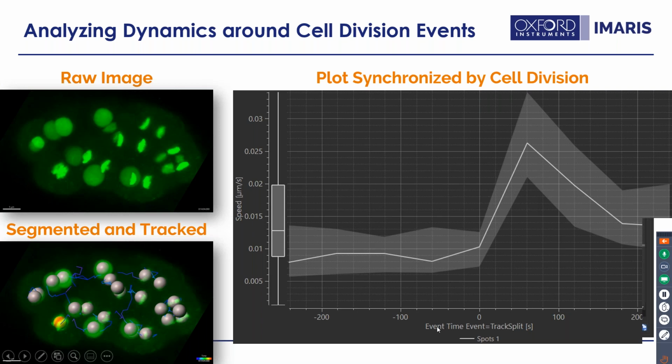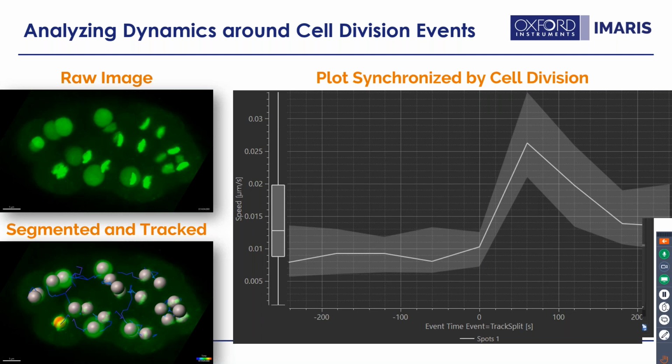For event time, right at that time point, we label it as 0 event time. What that means is that even though there are divisions happening at all different times in the raw image, once we've segmented and tracked it, we can synchronize our plot such that we're at this 0 time point, looking at just the cell divisions.